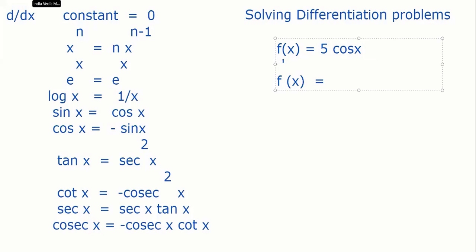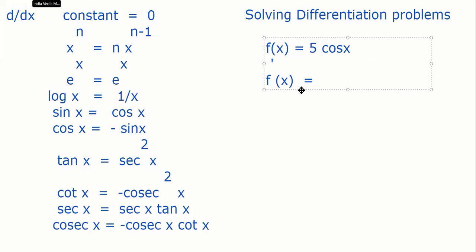Tell me the answer quickly. We are going to solve 25 questions today at least. My function is 5 cos x. What will be the differentiation of this? Very simple. 5 is a constant. And for cos x, it is minus sin x. So minus 5 sin x. Right, everybody? Minus 5 sin x.